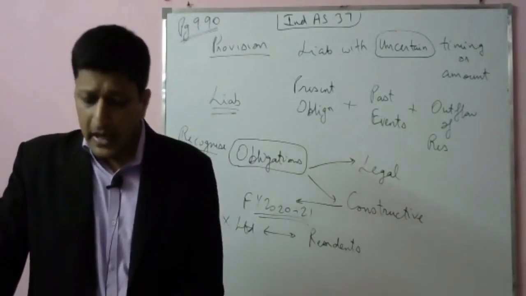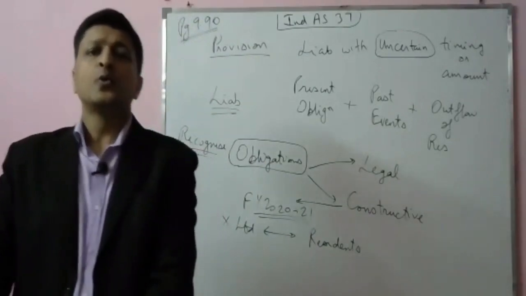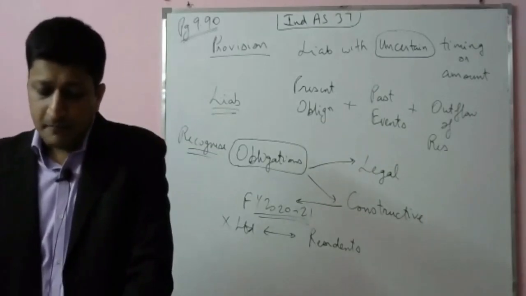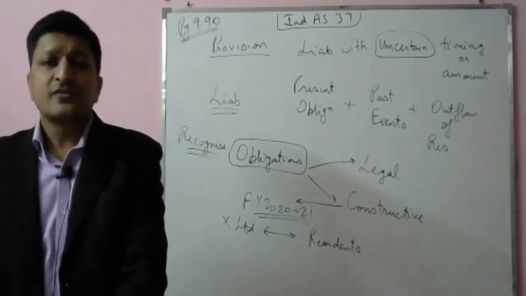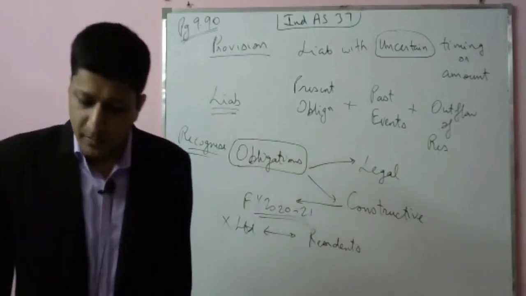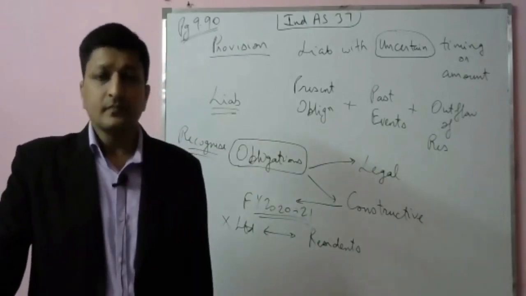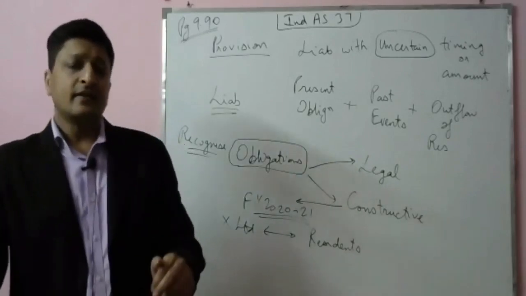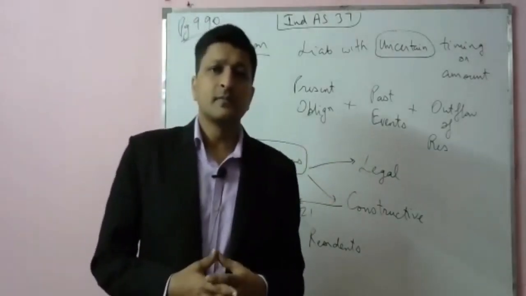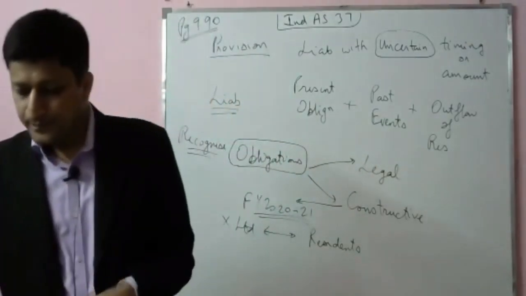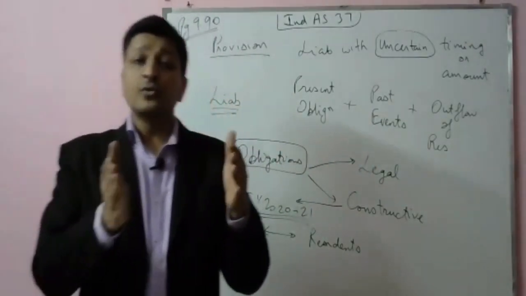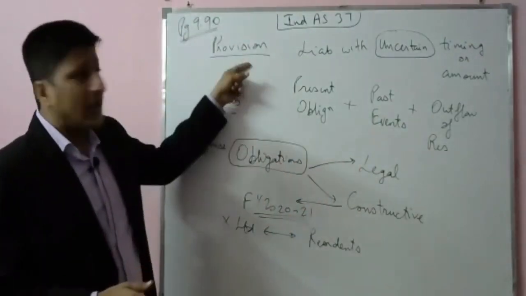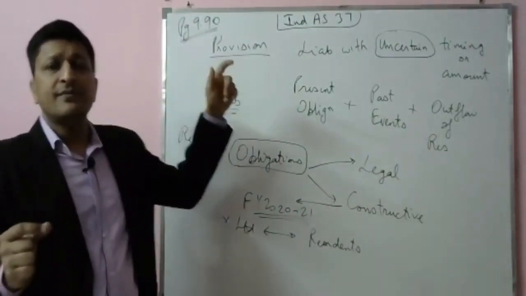Accruals again are the liabilities to pay for goods or services that have been received, but against which, let's suppose, the invoice has not been received. At the year end, we create accruals. Now, if we have to understand the provision, then we need to appreciate the differences between these things.